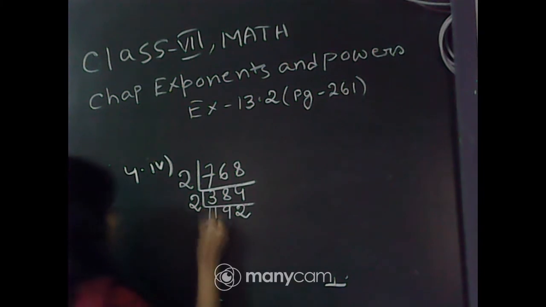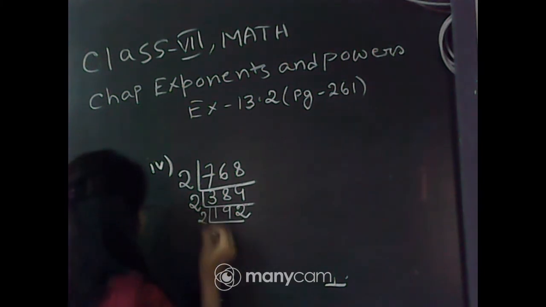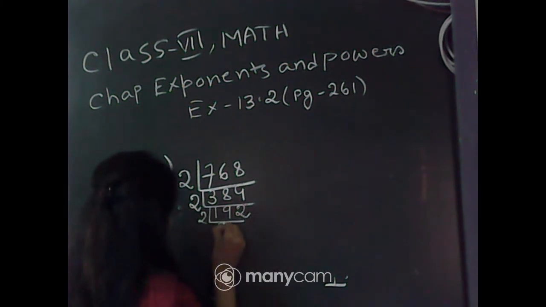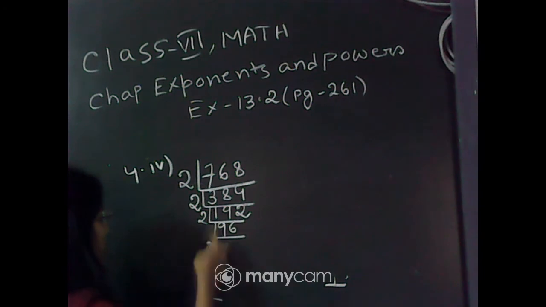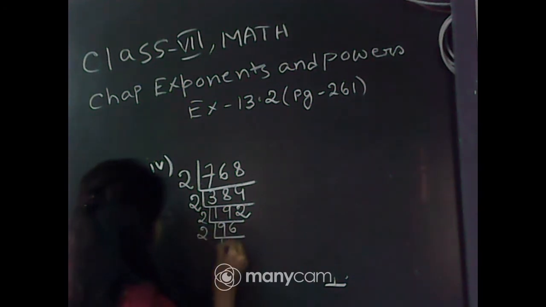192. It is also divisible by 2, so we divide it by the prime number 2 and we get 48.